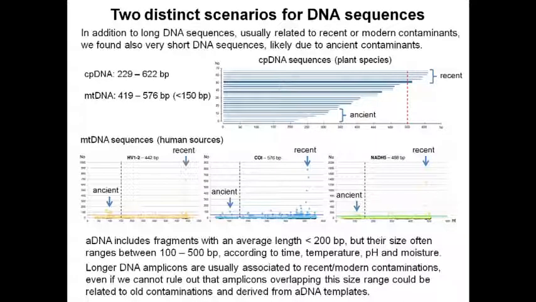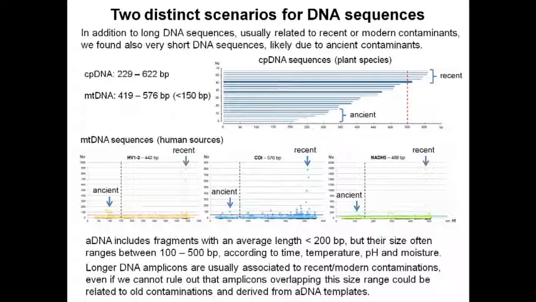Usually, ancient DNA fragments are very short, shorter than 200 base pairs. But the size of those fragments very often ranges between 100 and 500 base pairs, according to a number of parameters, including time, pH, temperature, moisture.